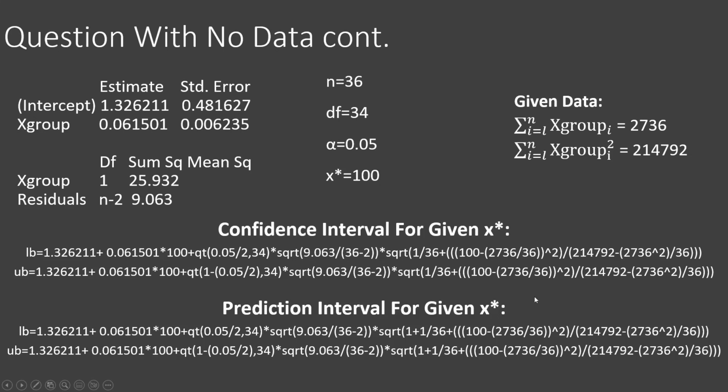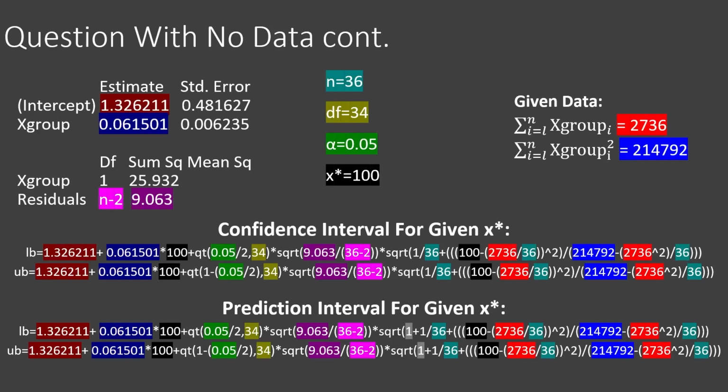And so to again make it easier, I just highlighted all the individual parts that would be needed for the confidence and prediction intervals, right? And so hopefully this makes it easier to understand what goes where in this equation, right?